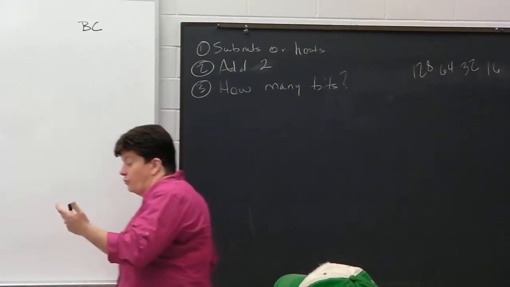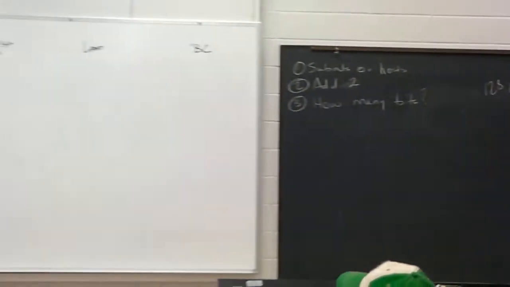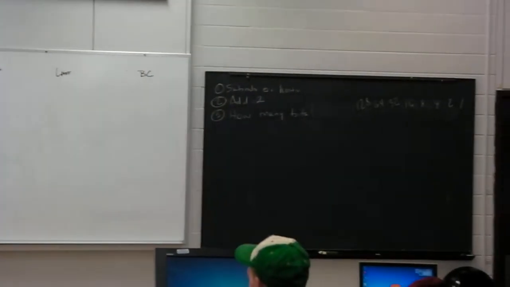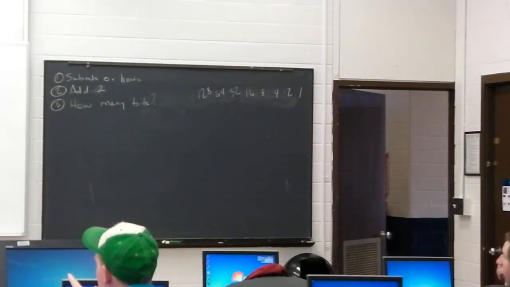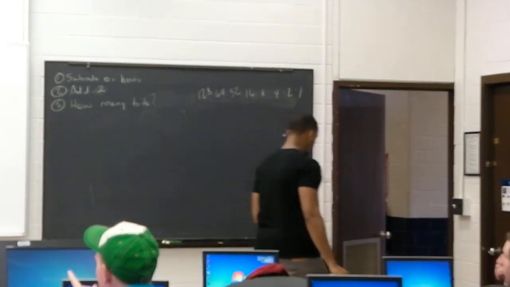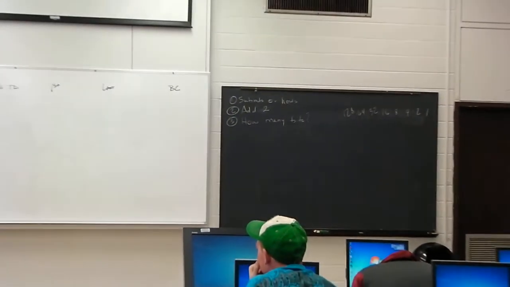So how many bits to write the number 12? I gave you a permanent number line to look at up there if you would like. So how many bits to write the number 12? 2 bits. In what universe? 4 bits. 6 bits. Oh, sorry. Wrong bit.